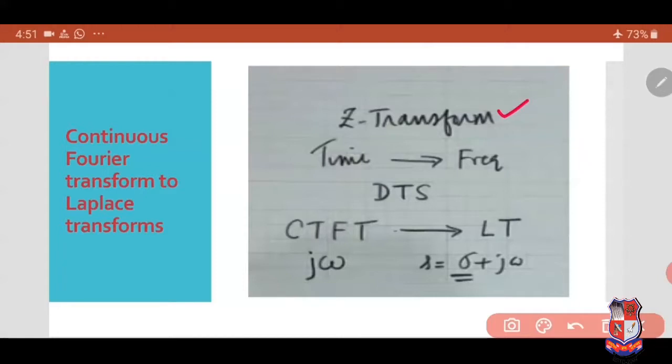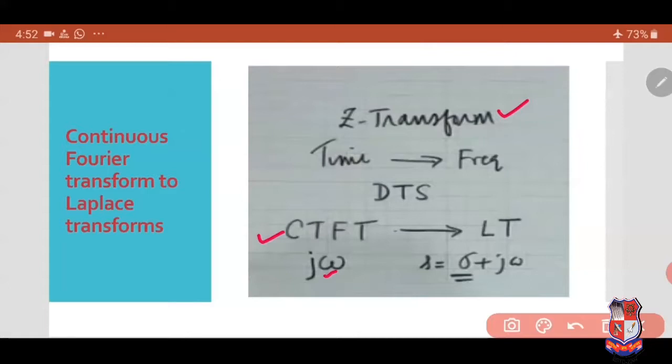Now, the Z transform comes about the same way as CTFT, the continuous Fourier transform, in which the variable is omega, generalized to the Laplace transform.